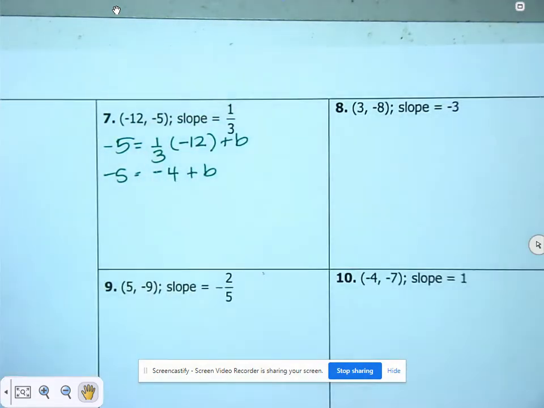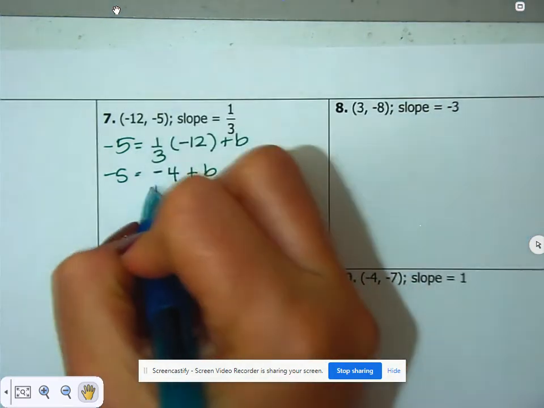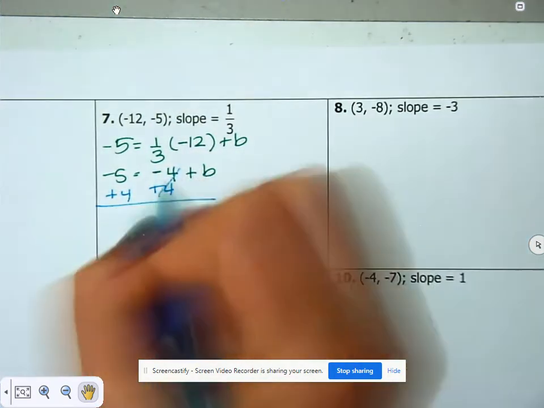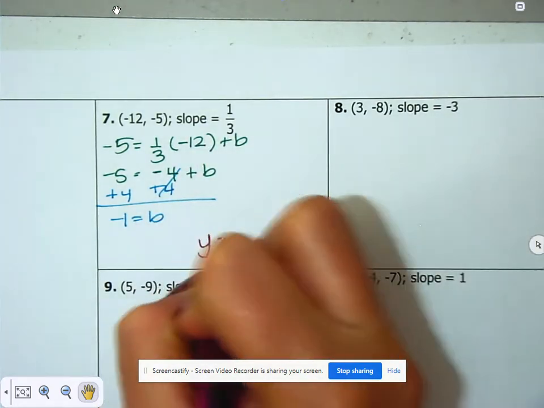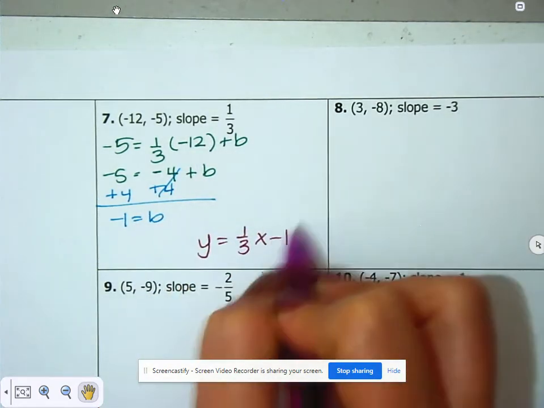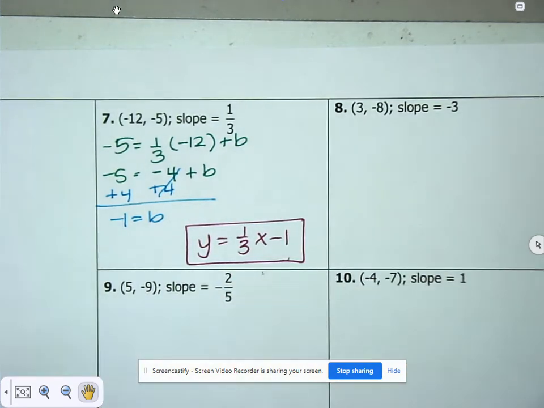So -12 divided by 3 is -4. So we're going to add our 4, and -5 plus 4 is going to give me -1 for b. So we've got m, we've got b, so y equals 1/3 x minus 1.